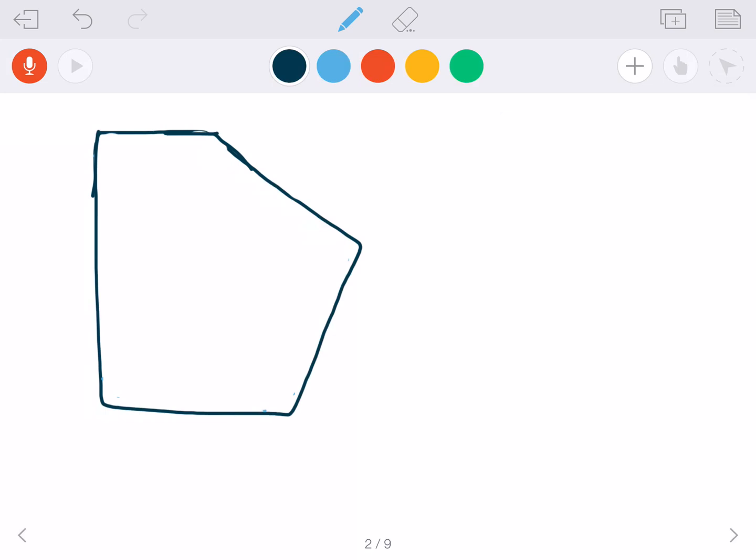So, first thing we're going to talk about is finding the sum of the interior angles. Just to refresh your memory, we are using this formula here where n is the number of sides. So if we go through on this shape and count up the total number of sides, we've got 1, 2, 3, 4, 5, which means we're going to put 5 in place of that n.